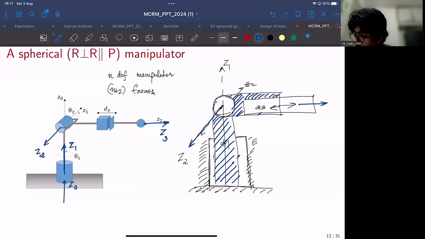So I'll use the red marker. I'll call this x1. This is perpendicular to Z1 and Z2. And what about x2? x2 can be perpendicular to Z3 and Z2. So I'll mark x2 like so.